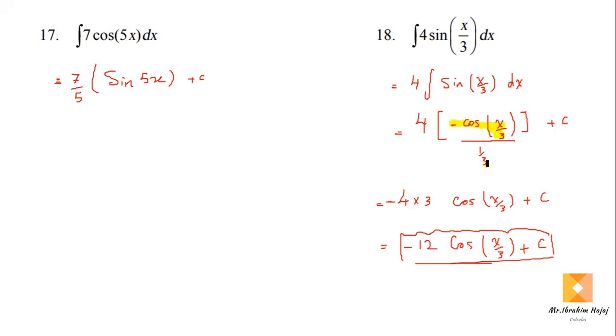What's the coefficient of x? It's 1/3, you can write it as 1/3 x. So dividing by 1/3, I flipped it and multiplied 4 by 3, which gives 12, and the negative stays outside, cosine x over 3 plus c.